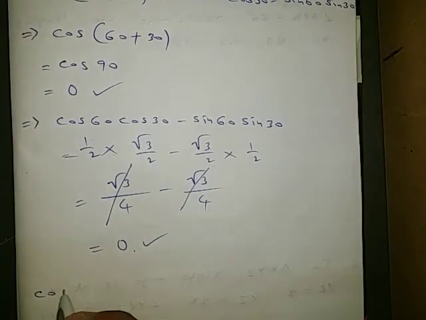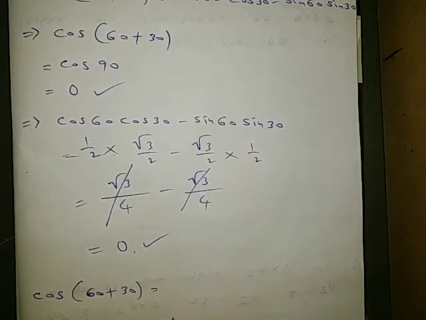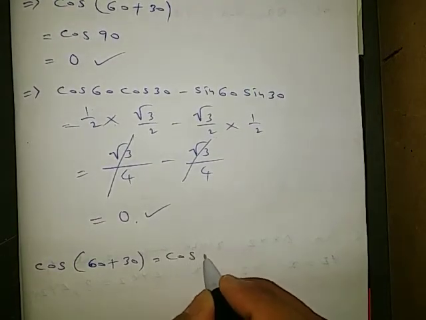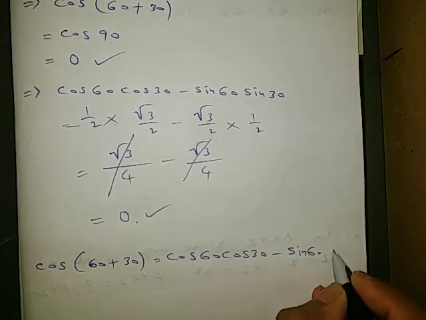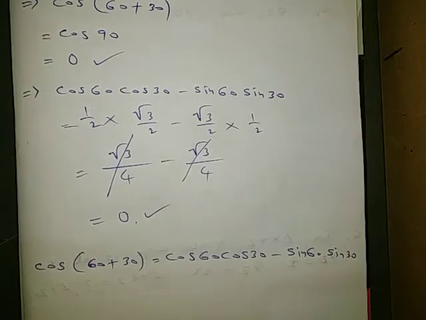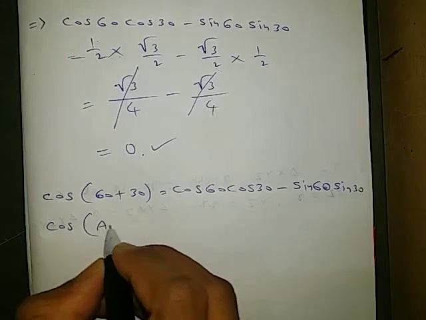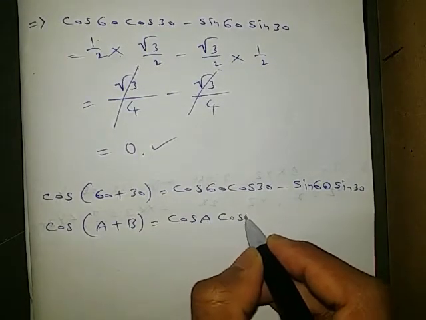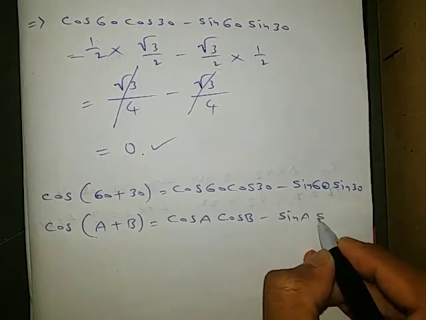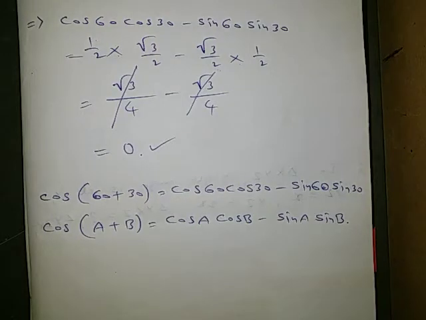So from this we can conclude cos of 60 plus 30 is equal to cos 60 cos 30 minus sin 60 sin 30. If we write the formula regarding this question, that is cos of A plus B is equal to cos A cos B minus sin A sin B. Okay, let us move to the next question.